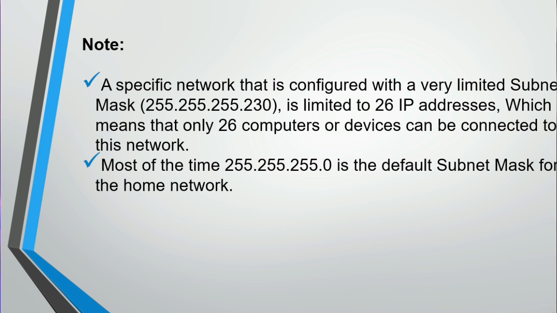A specific network that is configured with a very limited subnet mask, for example 255.255.255.230, is limited to 26 IP addresses, which means that only 26 computers or devices can be connected to this network. Why?